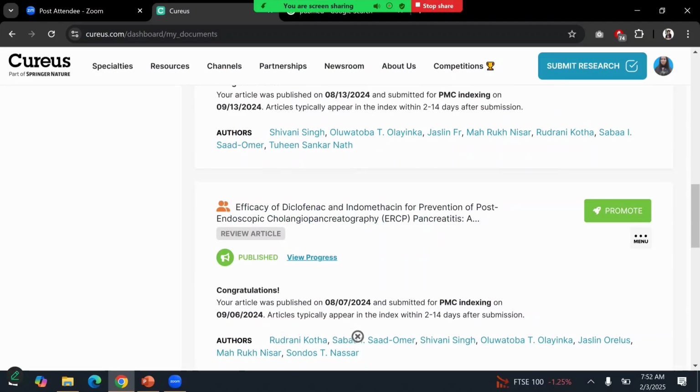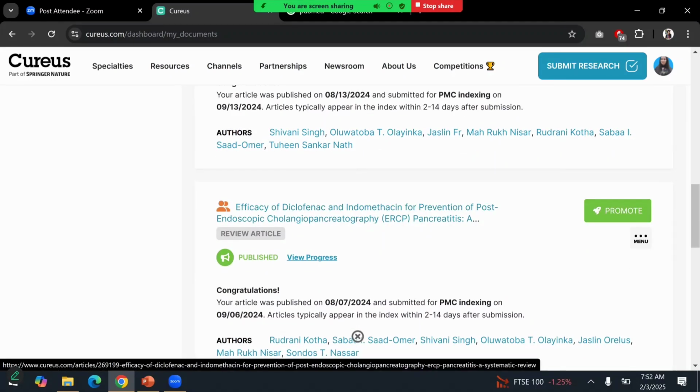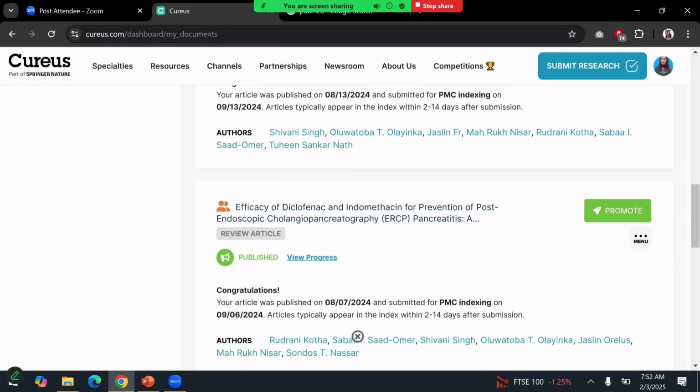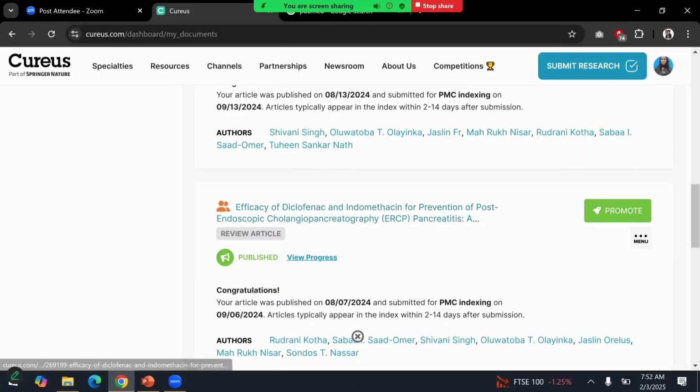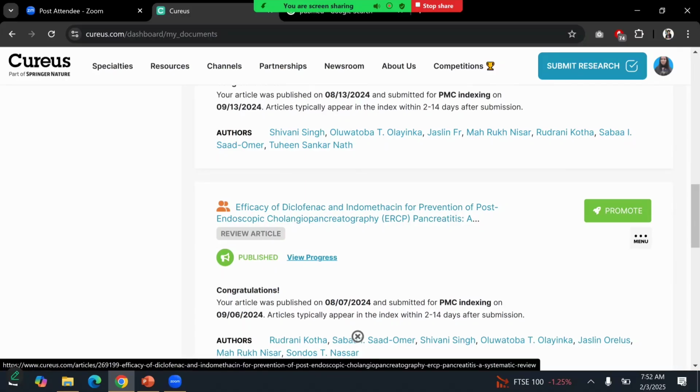Similarly, efficacy of diclofenac and indomethacin is concept one. Efficacy of two drugs for prevention of post-ERCP pancreatitis. This is prevention of post-ERCP pancreatitis, and we selected a drug, efficacy of diclofenac and indomethacin.